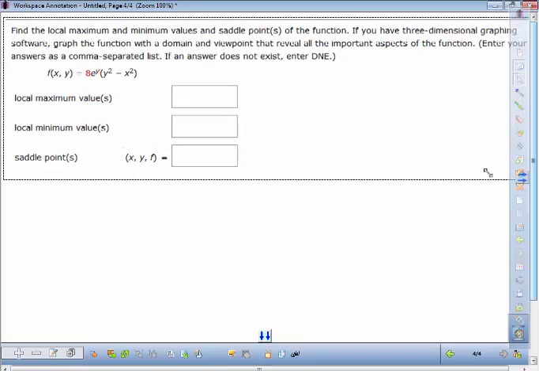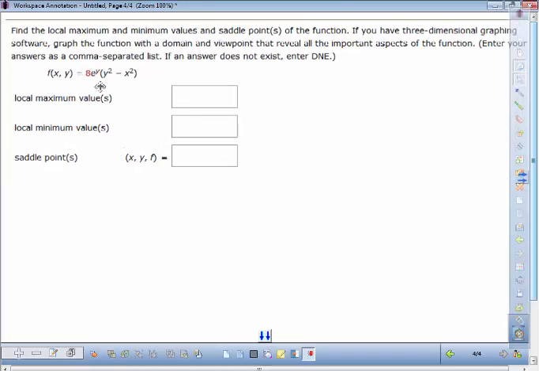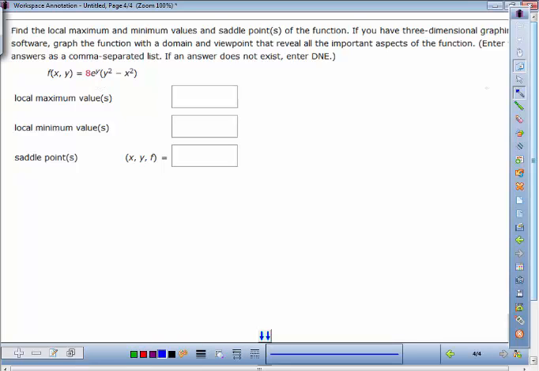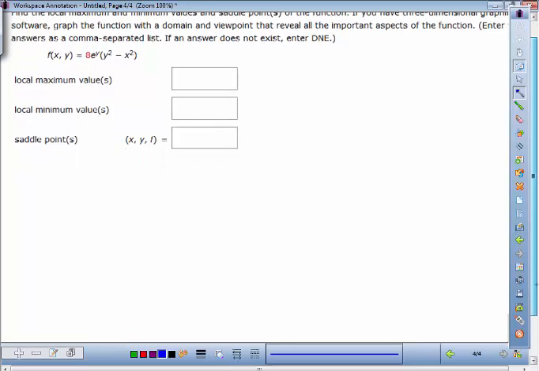So our function is 8e to the y times y squared minus x squared. So let's go through the process of finding the critical points, and then if we find any critical points, let's run them through our second derivative test.